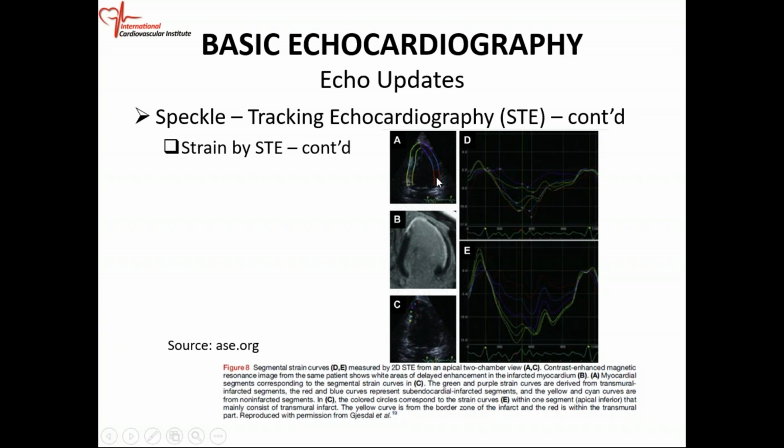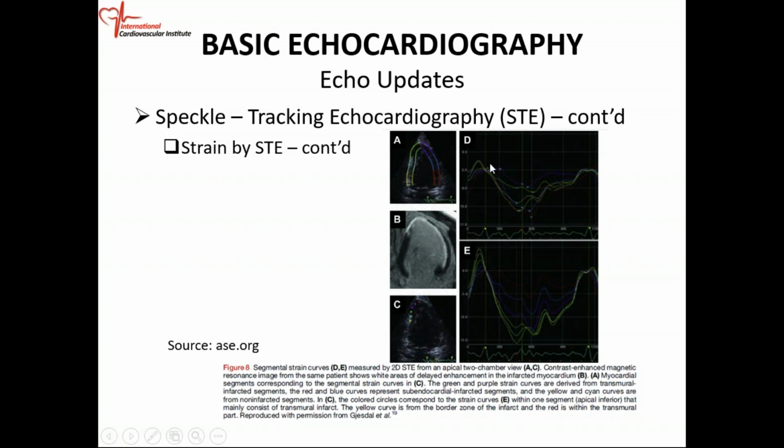This is going to be the basal anterior wall in red. You put your sample volume right there, and then you get your strain curve. Remember, the peak strain should be about -25. You get your strain curve, and the peak strain is right down here. So you want to look at, say, the mid anterior wall.